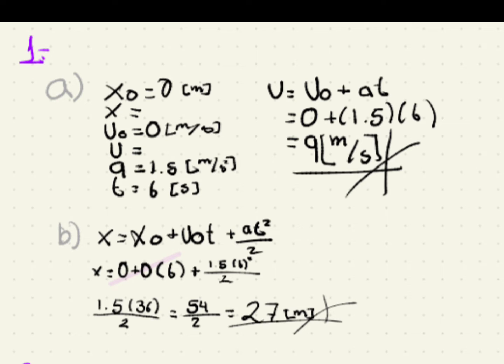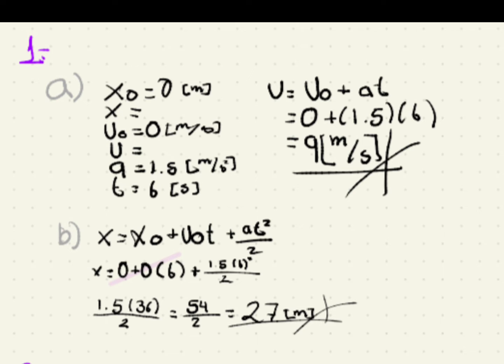For this one, we need x, the distance the detective walked. The formula that we will use is x equals initial position plus initial velocity times time plus acceleration times time squared over 2.